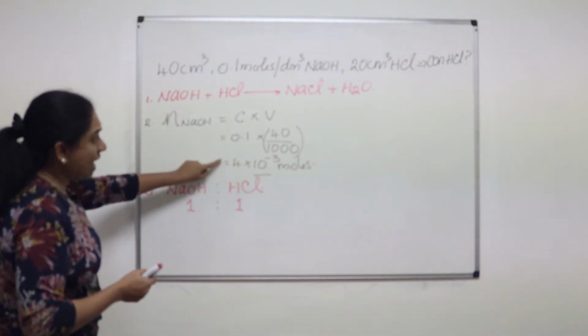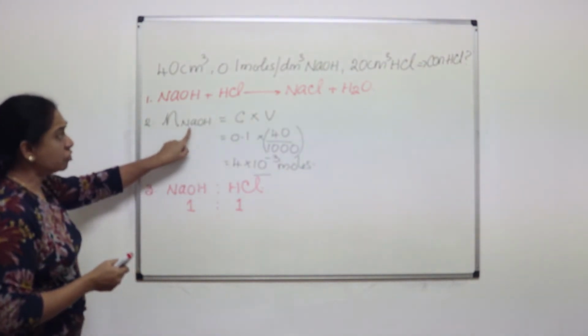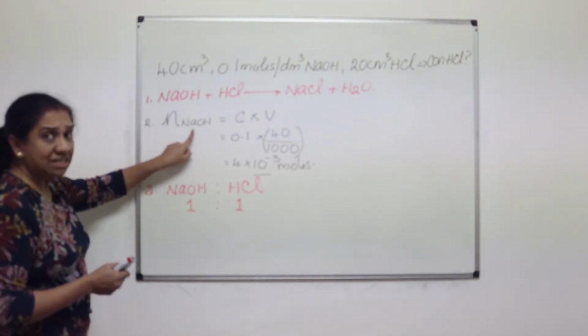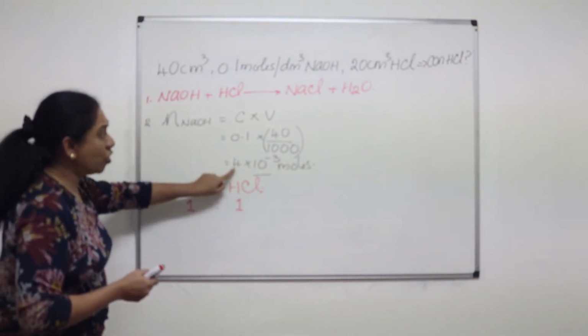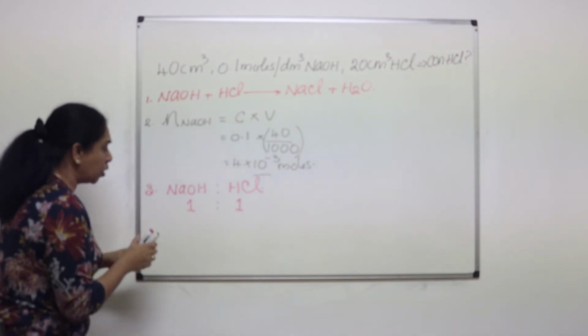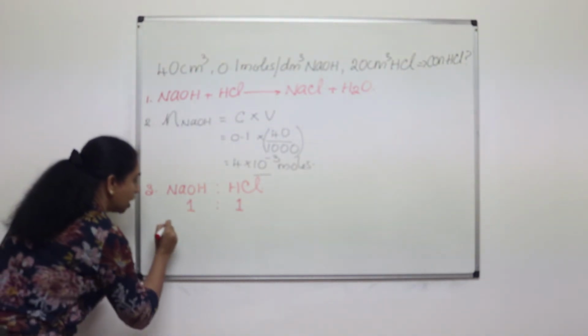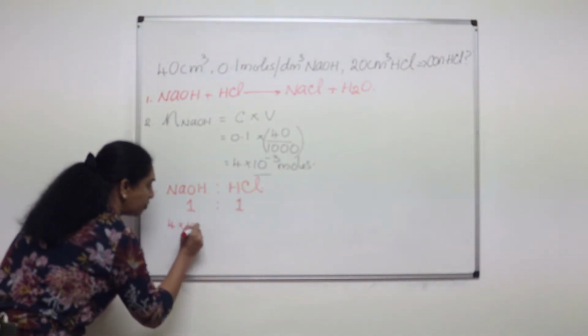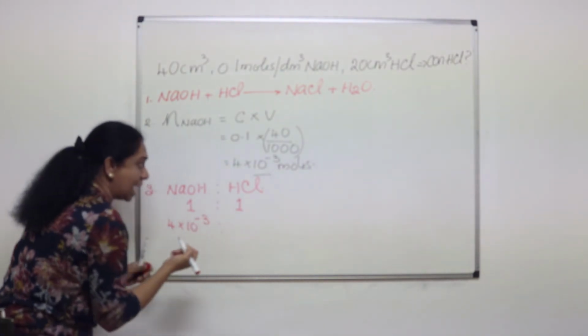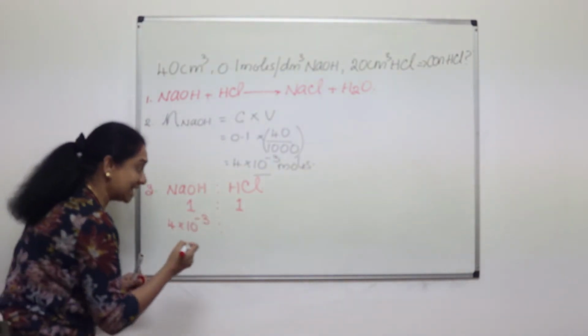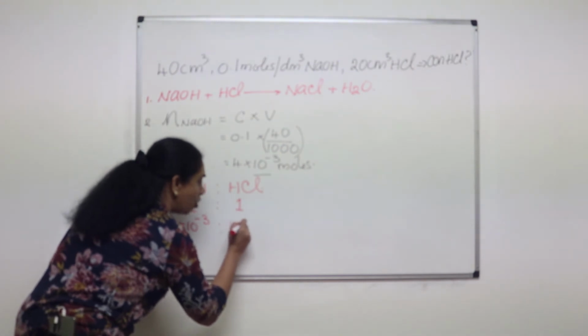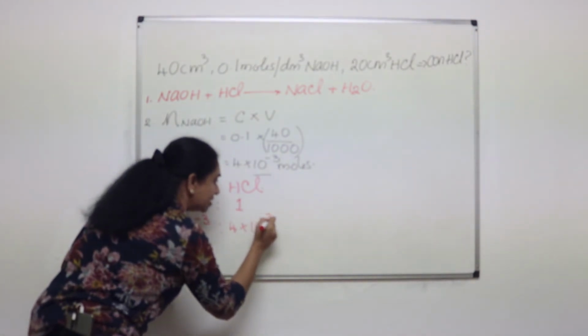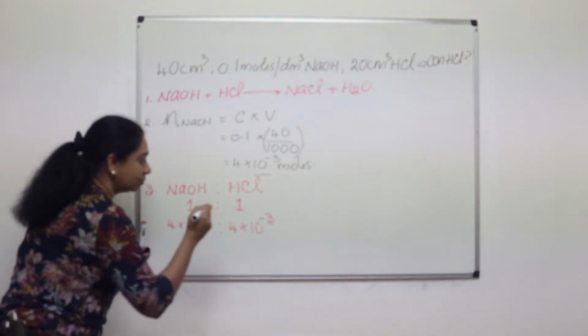We have calculated the number of moles of sodium hydroxide reacted in the question, 4 times 10 to the power minus 3 moles. Therefore, the hydrochloric acid is also 4 times 10 to the power minus 3 moles.